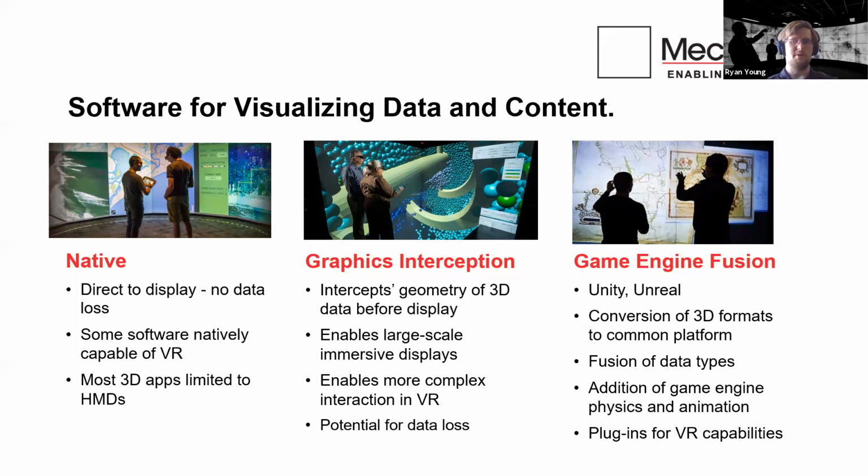There's no data prep. So if your data is in continual flux, meaning that it changes a lot on a day-to-day basis, a good example of this is automotive design. So cars getting design changes daily or weekly.